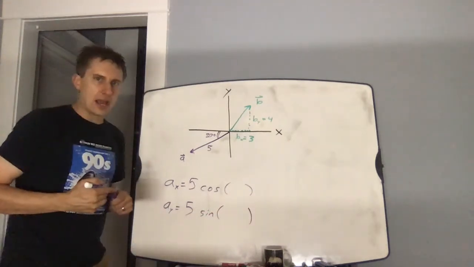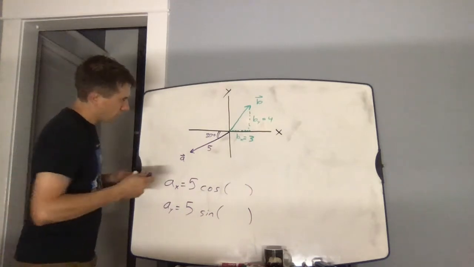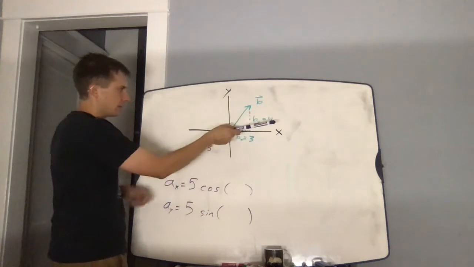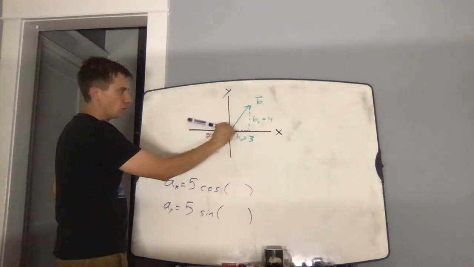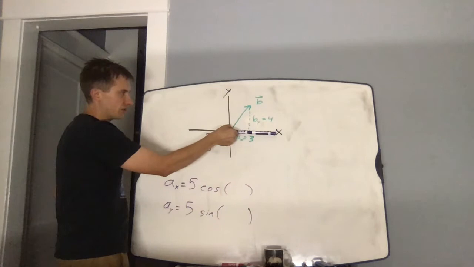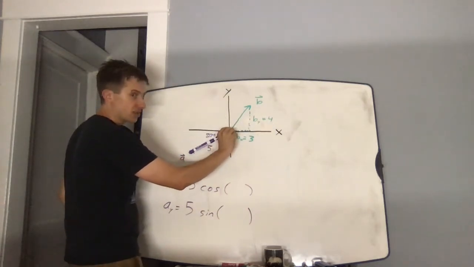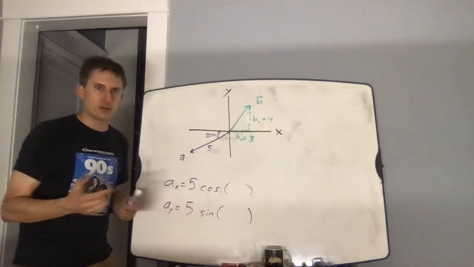What angle do I want to write in here? Well, from here to here will be 90 degrees. From here to here will be 180 degrees. So we need to rotate 180 degrees plus 27 degrees more. 180 plus 27 is 207.